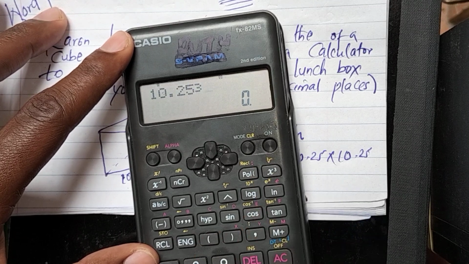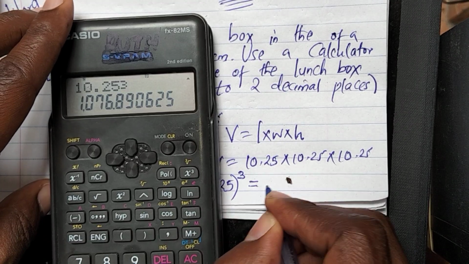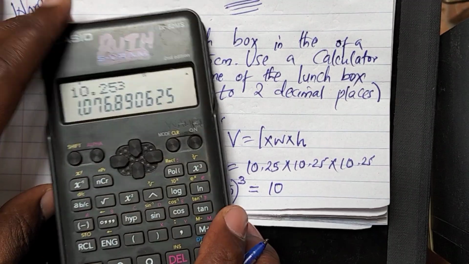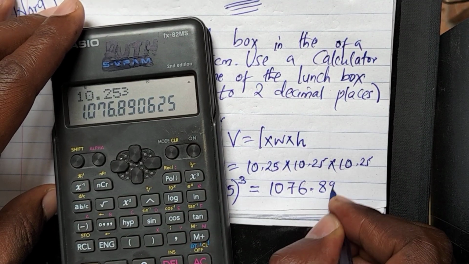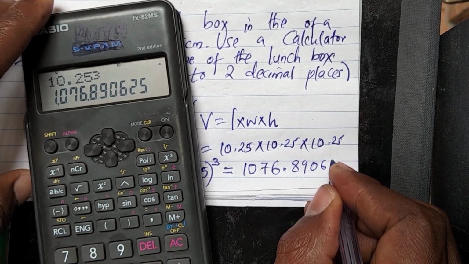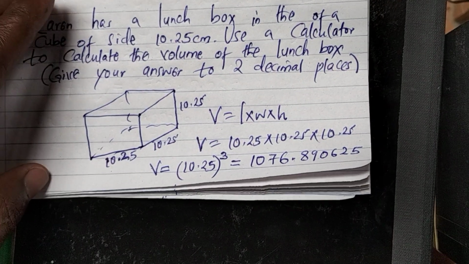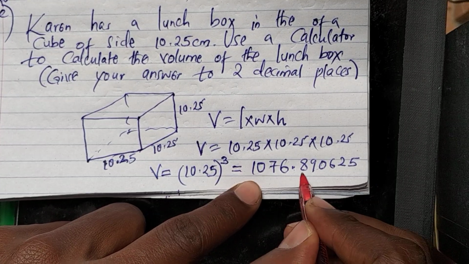Now there is some guidance again. We shall write the answer to 2 decimal places. You count 1, 2, you look at the third one, it is not 5 or more, so we shall put it as 1076.89 centimeters cubic. So we have to obey the last instruction that we are given.